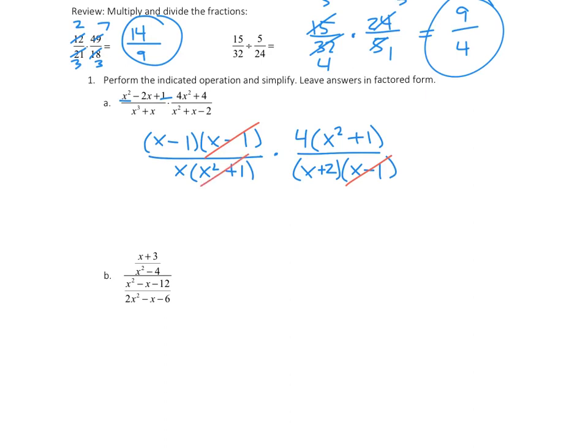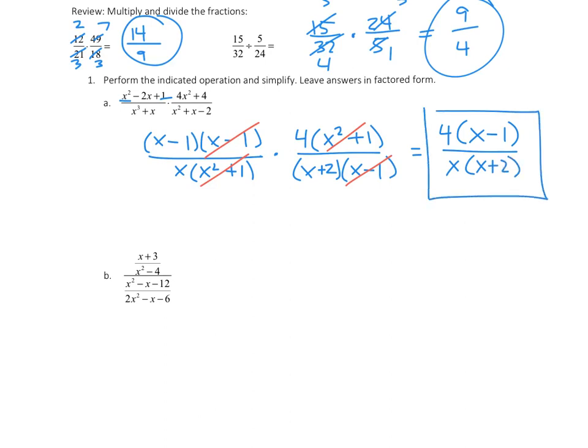And these x squared plus 1's cancel as well. And then we write what we have left, which would be 4 times x minus 1. I just moved the 4 to the front when I multiplied the tops. And on the bottom, we get x times x plus 2. And you can just leave it in factored form like that.